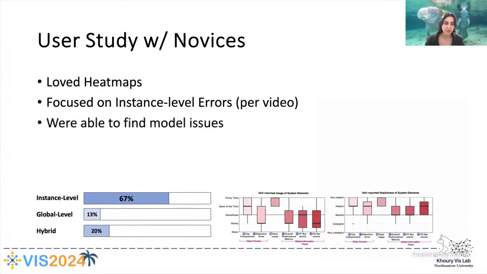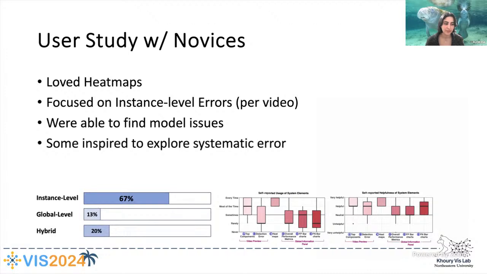The novices were able to find a lot of model issues, regardless of what types of issues they were focused on. And actually, 20% of the time, they started by investigating instance level problems, and inspired by finding errors locally, they went on to find systematic errors because they started noticing patterns of errors happening between videos.